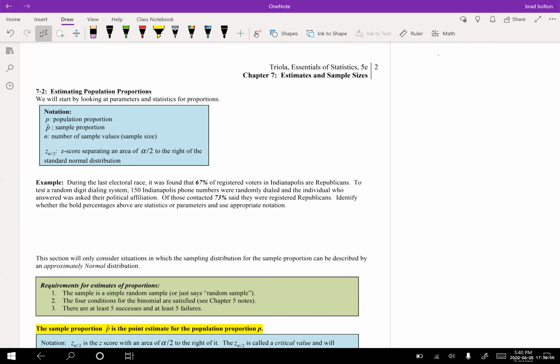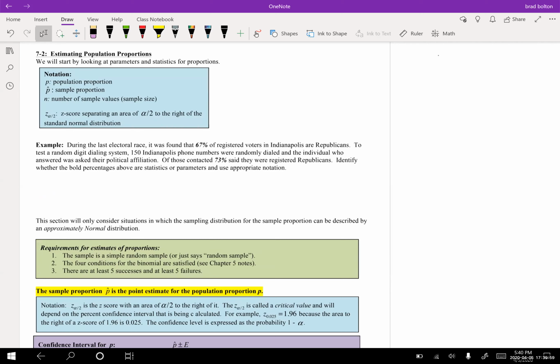Okay, so this is the notation we're going to use, you guys. We have estimating population proportions. P is going to be the population proportion. P hat is going to be the sample proportion. And the number of sample values, of course, is N. We're going to have something called Z alpha over 2.